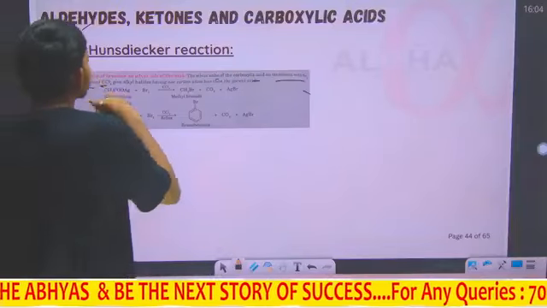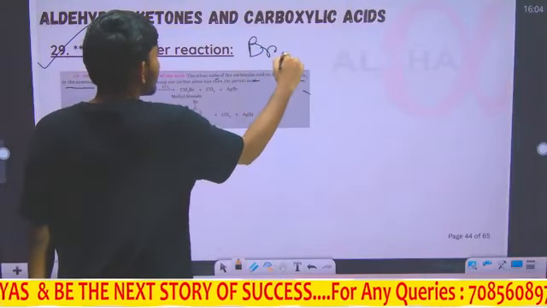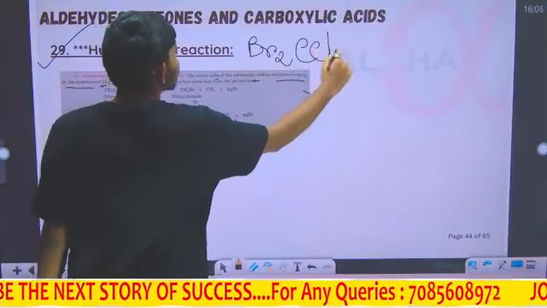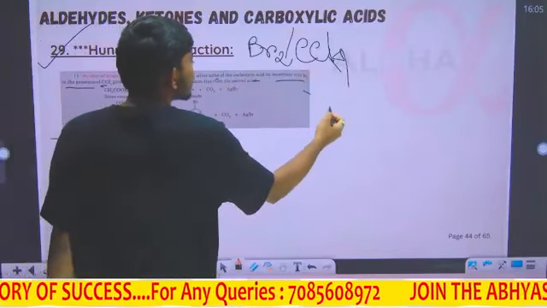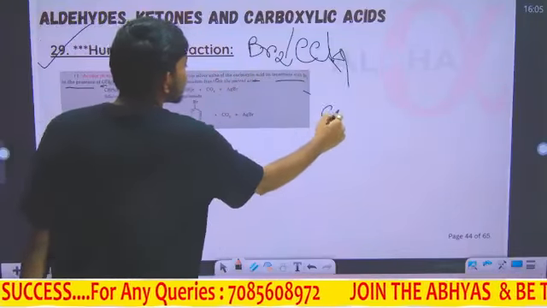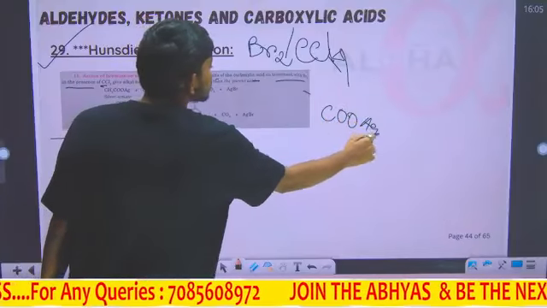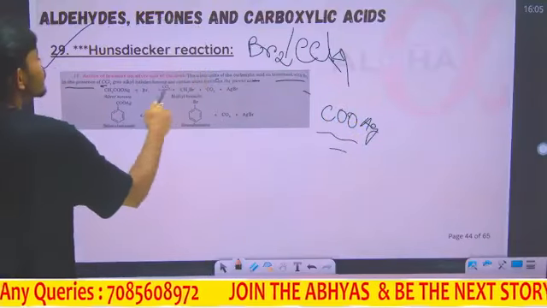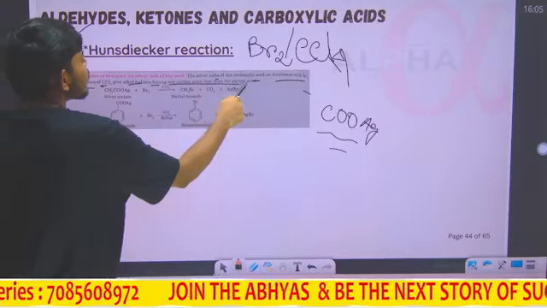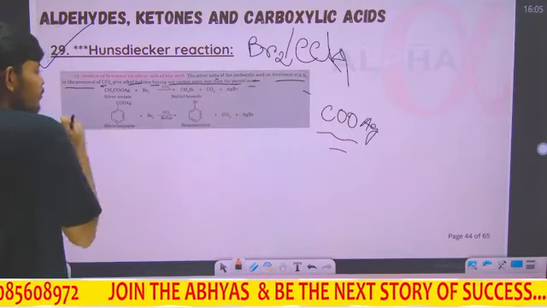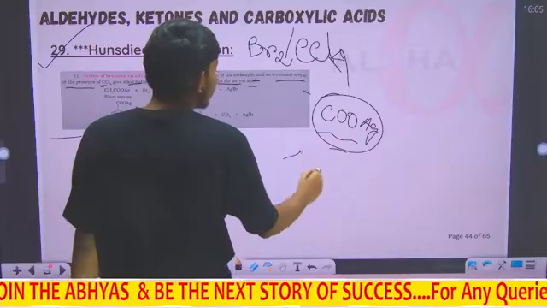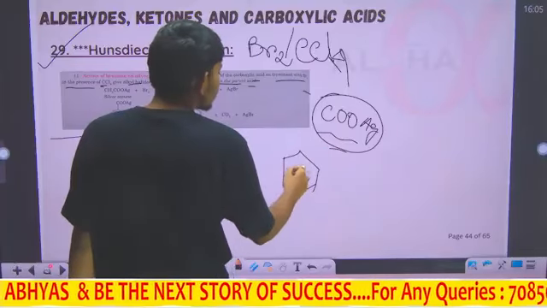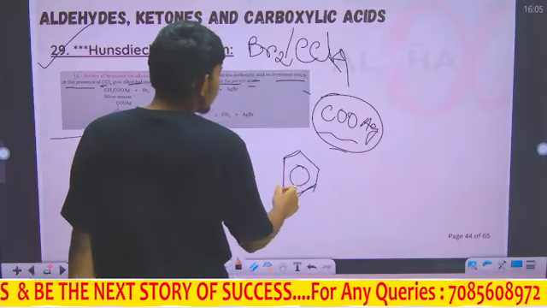The reagents are Br2 and CCl4. Another important thing: a COOAg group must be present in the reacting species. It gives an alkyl halide having one carbon atom less than the parent acid. The COOAg group will leave, and one carbon less than the reacting species will be left.